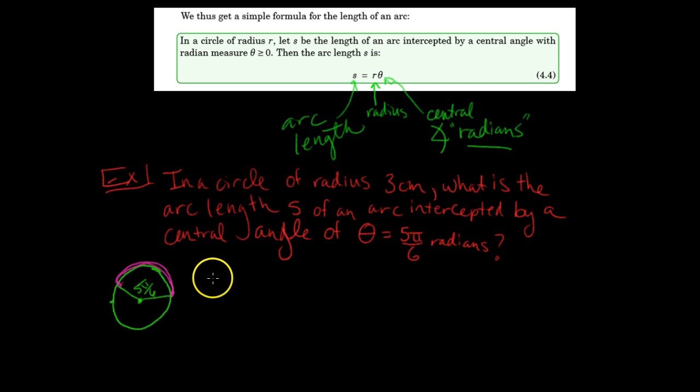We use the formula S equals r theta, where theta is in radians. r we know is equal to 3, and theta equals 5 pi over 6. So 3 times 5 pi over 6, and you can cancel that, that's 2. So it's 5 pi over 2.